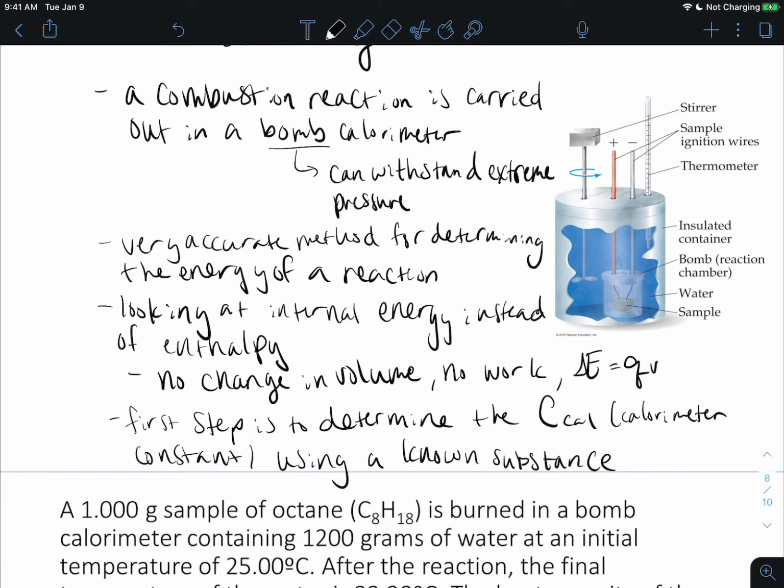And then after you know what your calorimeter constant is, you can solve for your Q of your reaction by setting it equal to the negative calorimeter constant times the change in temperature of your water.